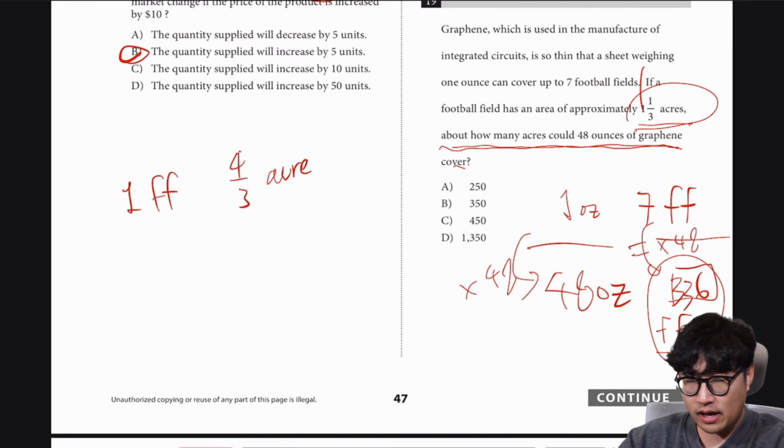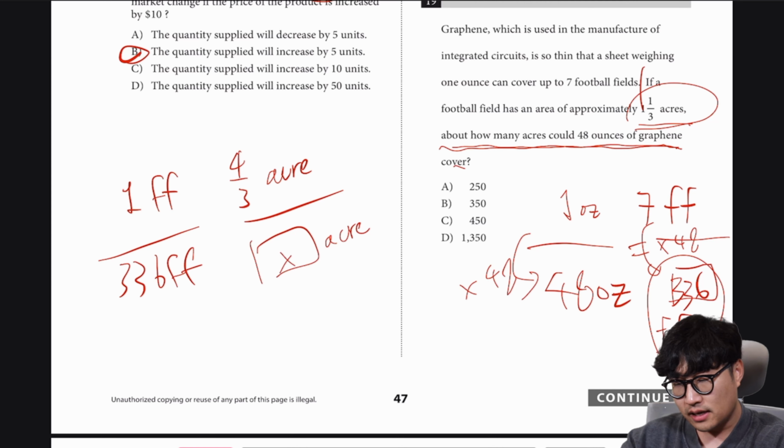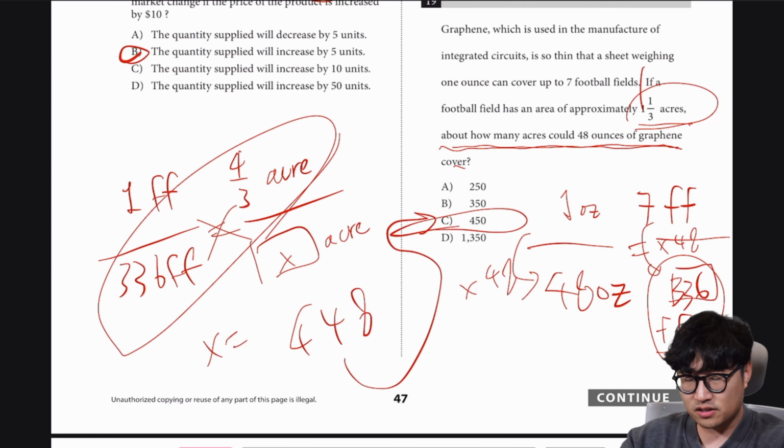Now what you have, 336 football fields, is how many acres? Once again, you can cross multiply if you would like. So X is equal to whatever that should multiply. When you do that, you should get 448, which is very close to 450. Just circle that and move on.